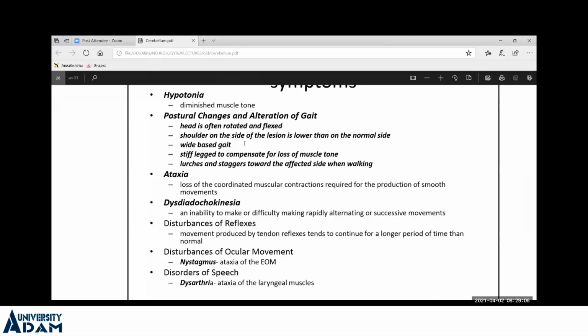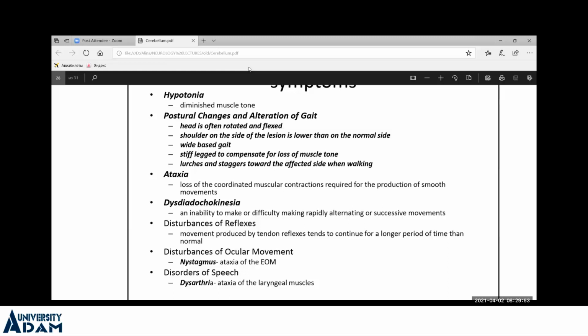Ataxia, loss of the coordinated muscular contraction required for the production of smooth movements, okay? So guys, ataxia is different from the tremor. In Parkinson syndrome, tremor is increasing when the person is resting. In Huntington chorea, the choreiform tremor is increasing when the person is trying to perform action.